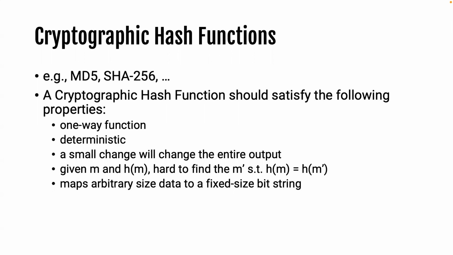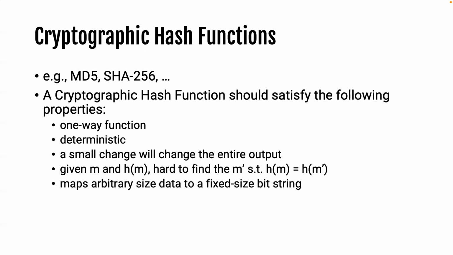We're not going to cover how MD5 or SHA-256 work, like how the algorithm works, or the details of why the algorithm is designed this way. But I want to give you a guideline of what nice properties those hash functions provide.